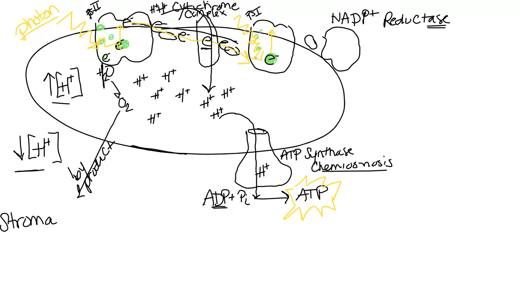So now this electron has a lot of energy, and it's going to go through another ETC, another electron transport chain. As it flows through that electron transport chain, we're going to put it into NADP plus, which is the oxidized form, and that electron is going to then facilitate making NADPH.